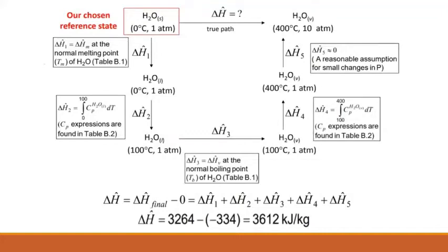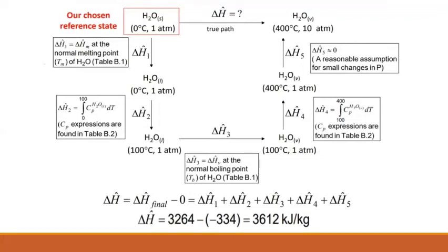So first of all, the hypothetical pathway will move the water into liquid state at the same temperature and same pressure. In this case, H1 will be the Hm, which is the enthalpy at the normal melting point, which can be found in table B1 in the Felder's chemical processes book.